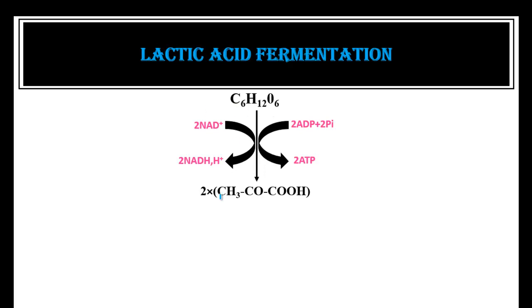Now this pyruvic acid over here is going to be reduced. How so? It means that it's going to accept protons and electrons. And the question is, from where is it going to get these protons and electrons? The simple answer is from the NADH + H+ produced in the glycolysis reaction.